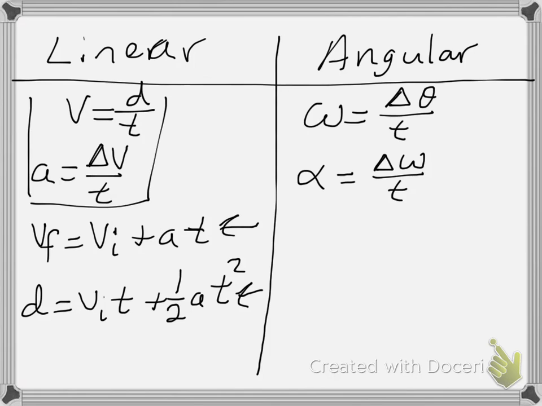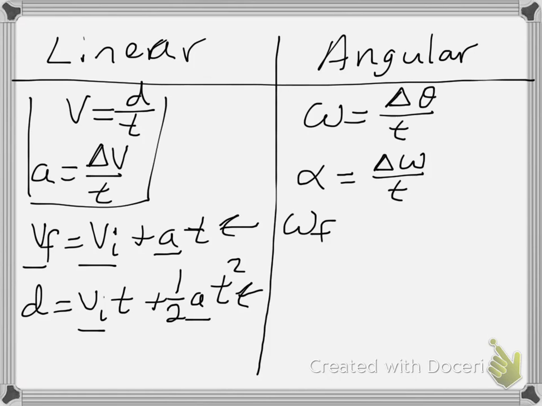Theta takes the place of our distances. So anytime you see a d or an x in any equations, you just replace that with theta. Anytime you have a v, as in vf or vi, just replace that with an omega. And anytime you have an acceleration, just replace that with alpha. Now I should specify this is for constant accelerations. Okay, these equations are only valid for constant accelerations, but under that condition, this is perfectly fine to do.